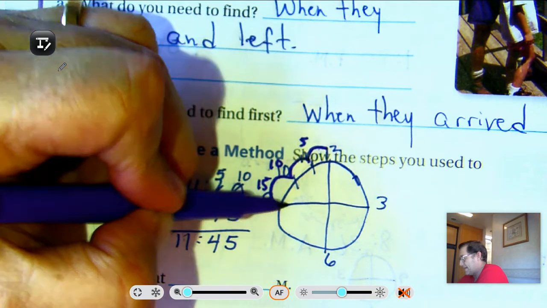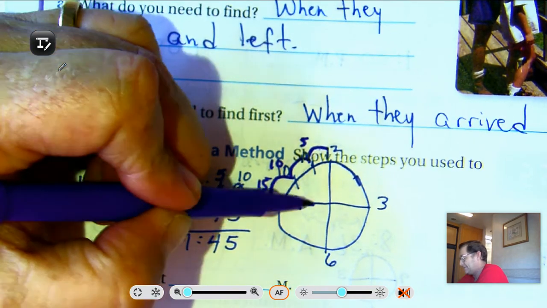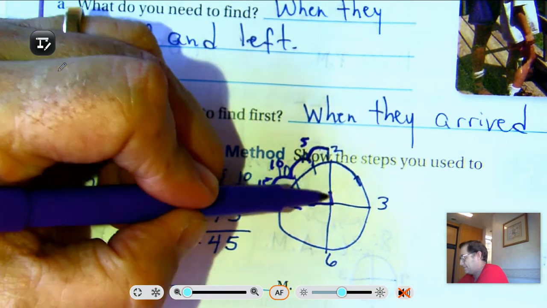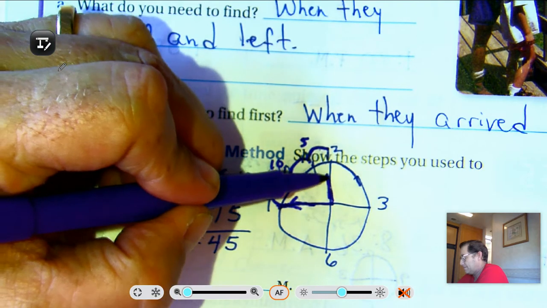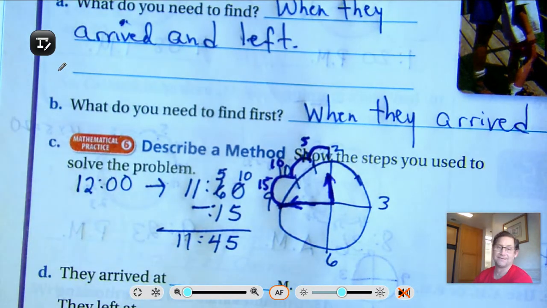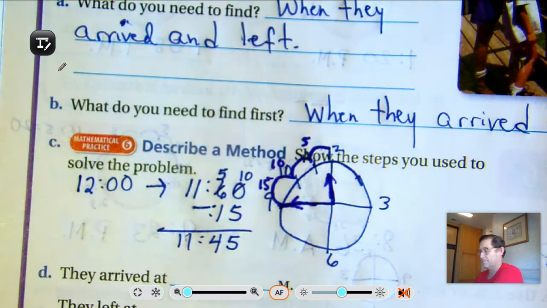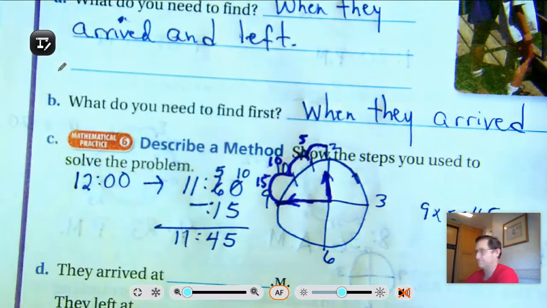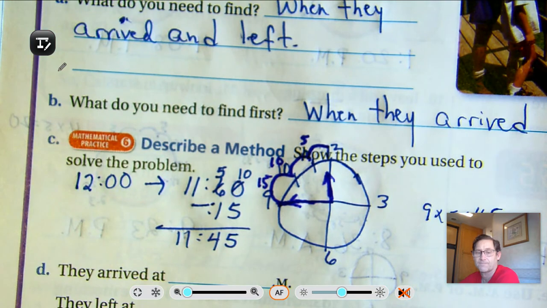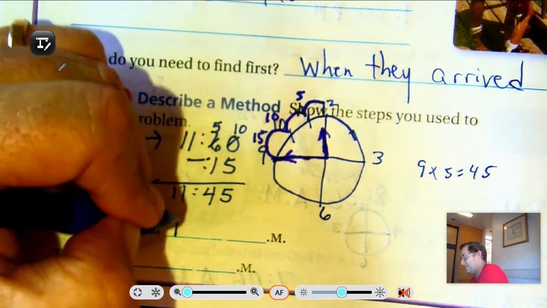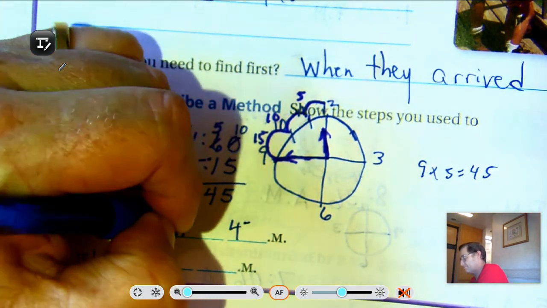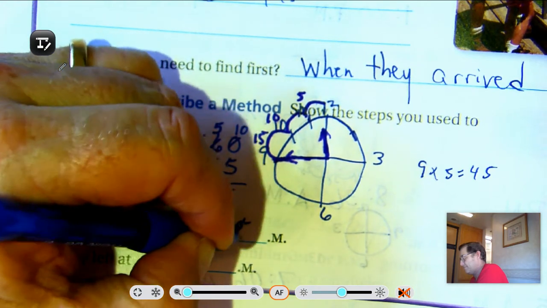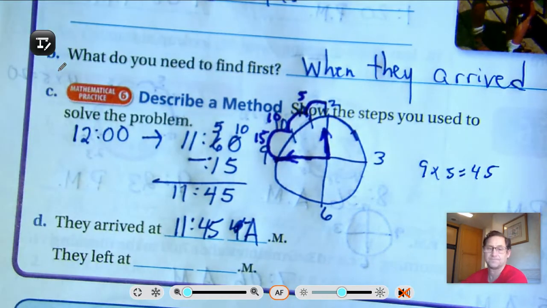So the minute hand's pointing at the 9. 9 times 5 is 45. So they arrived at 11:45 a.m.